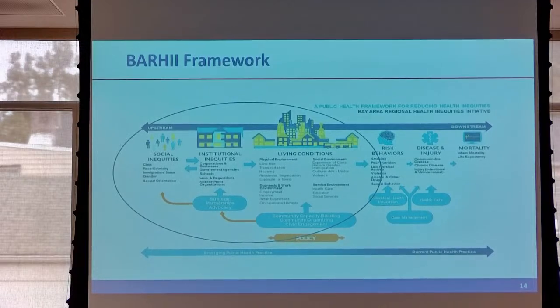And then how do we ensure that this is happening everywhere so that we're addressing social inequity. So I love this framework. Like I said, you'll get these slides, but if you ever go to the website for the Bay Area Regional Health Inequities Initiative, they have a beautiful explanation of it. Okay.